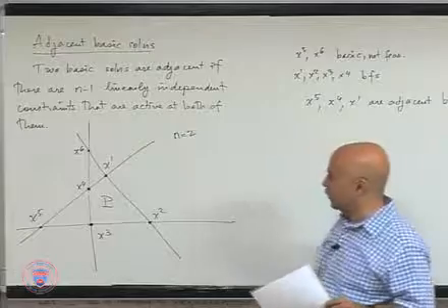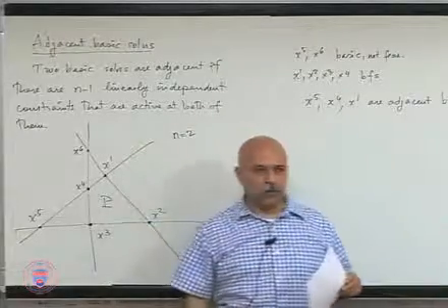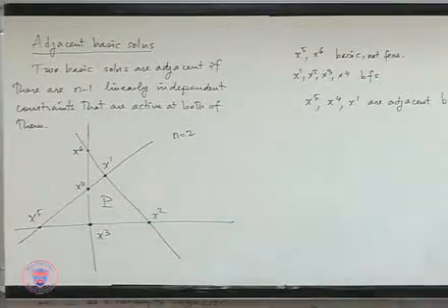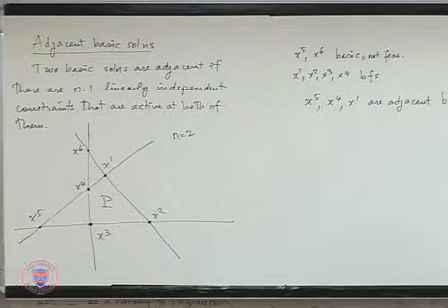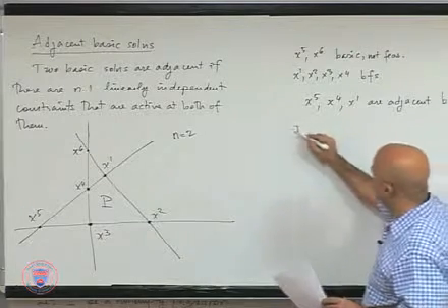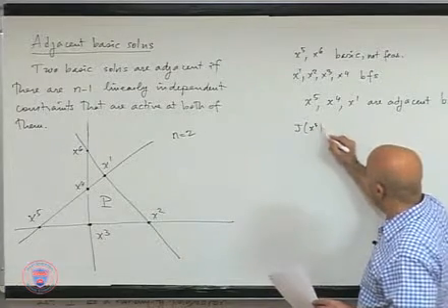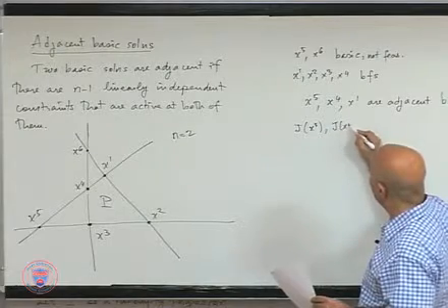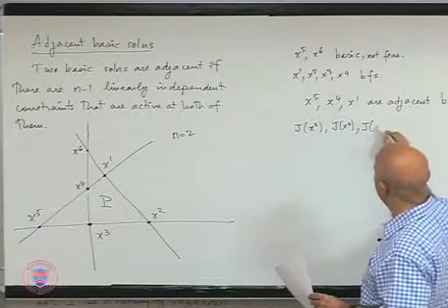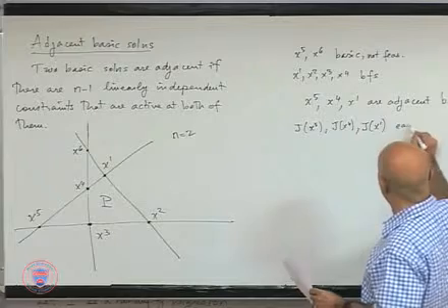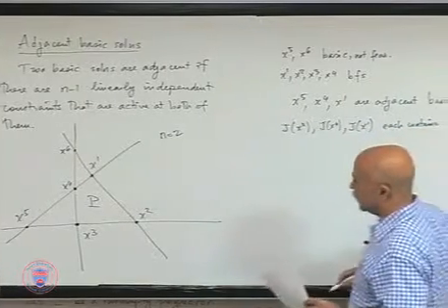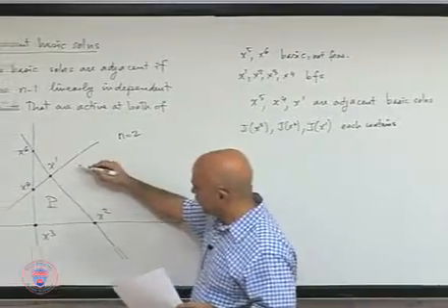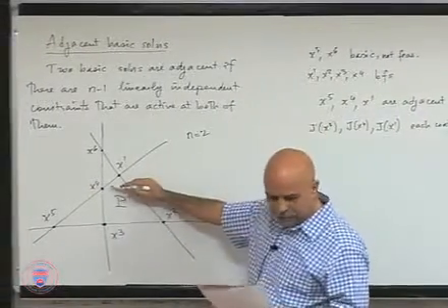N equals 2 here. And so there's only one constraint that is shared by each of these points in their active sets. Okay? Each contains this particular constraint. What was the name of this?